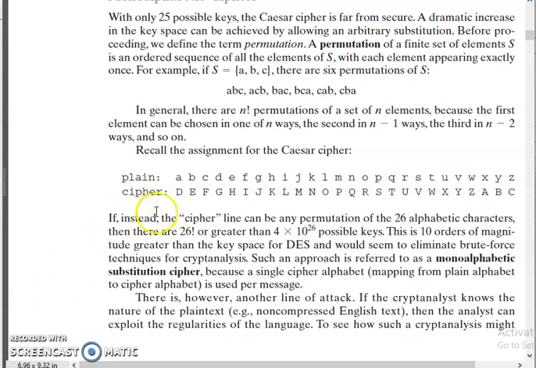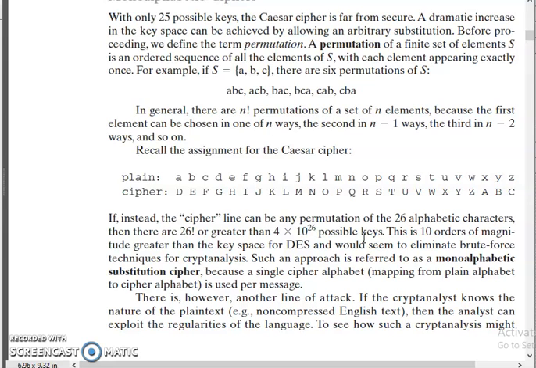If instead the cipher line can be any permutation of the 26 alphabet characters, there are 26 factorial, or greater than 4 times 10 to the power 26, possible keys available in the monoalphabetic cipher. In the Caesar cipher there are only 25 possible keys, but in the monoalphabetic cipher 26 factorial keys, or 4 times 10 to the power 26, are possible.